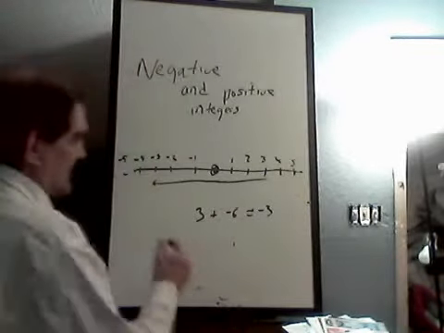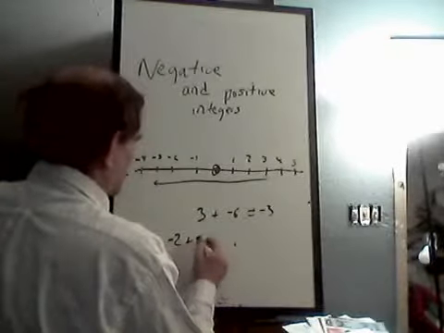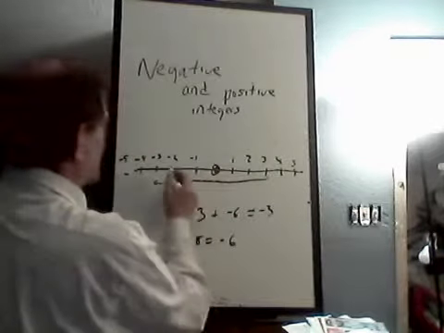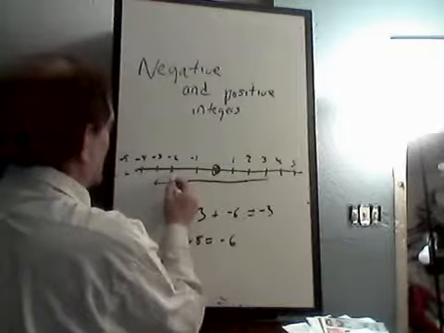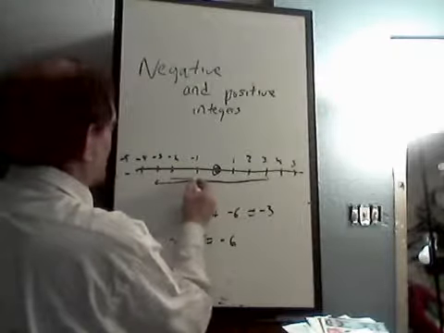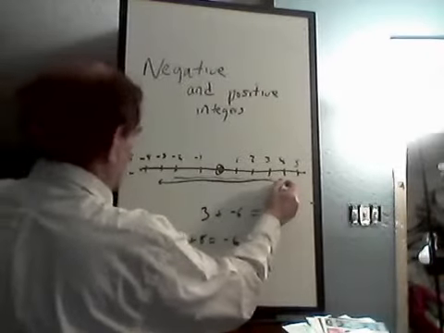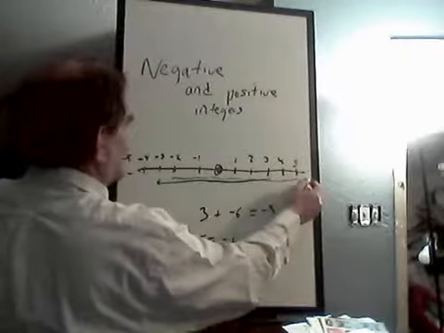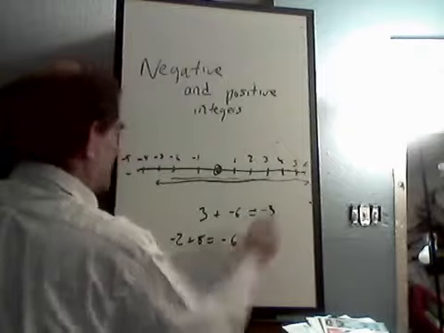If I were to say negative 2 plus 8, I'm starting with negative 2 right here. I'm then going straight this way, 1, 2, 3, 4, 5, 6, 7, 8, and I end up with 6 as my answer.